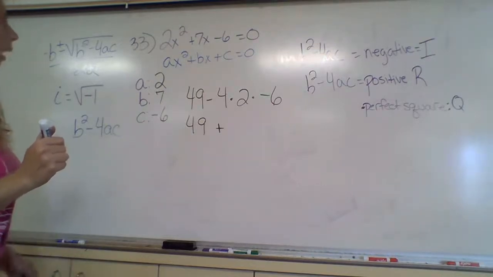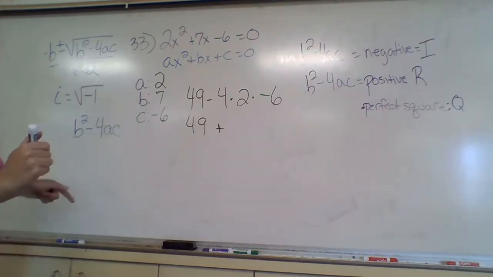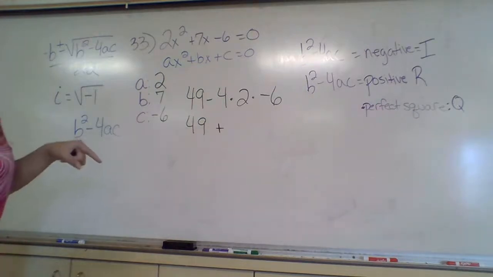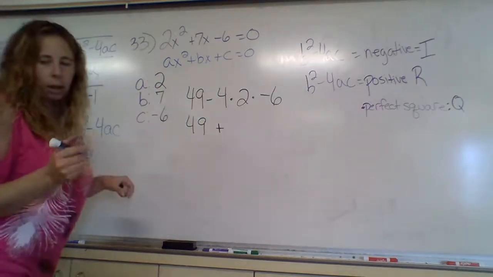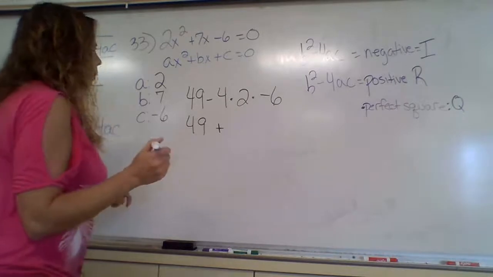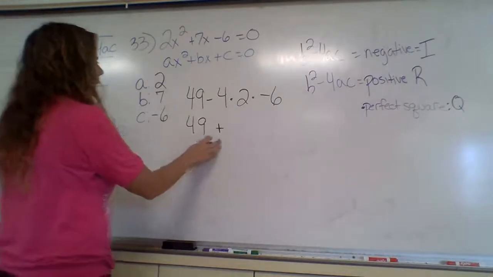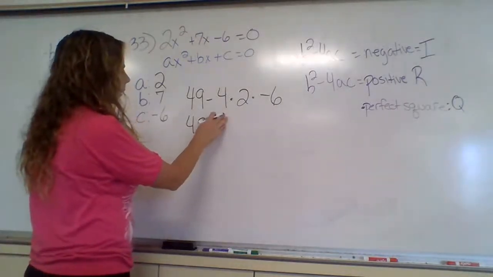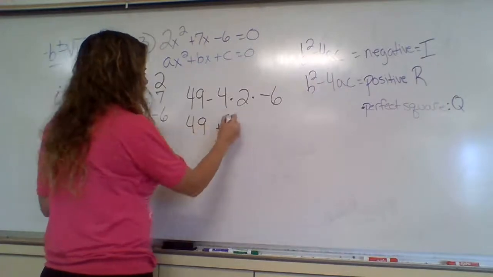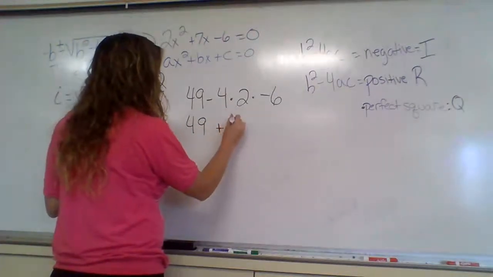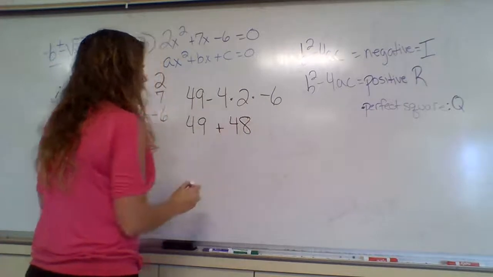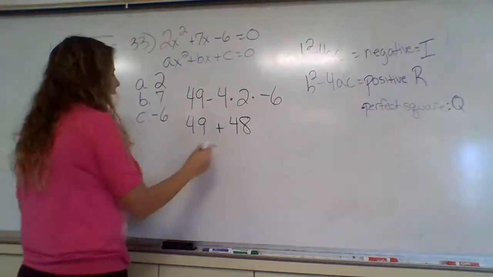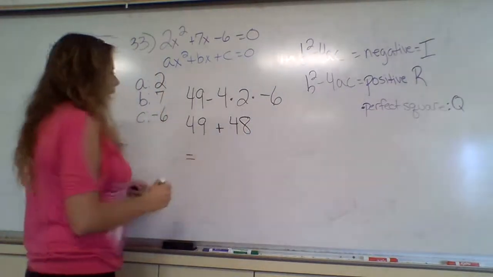B squared is 49, times 2. Okay, I'm not sure if I'm going to agree with the book on this one. So maybe it's a good thing we're doing it. All right, 49, and then negative 8 times negative 6 is 6 times 8, which is 48. Okay, 49 plus 48.